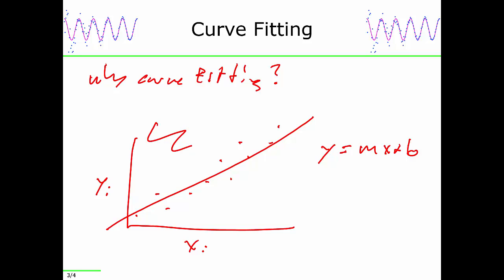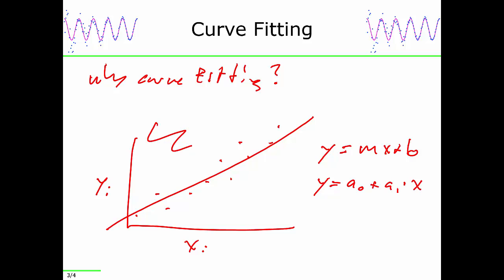I'm going to rewrite this as y equals a0 plus a1 times x, because that's how we'll be evaluating it in the math.